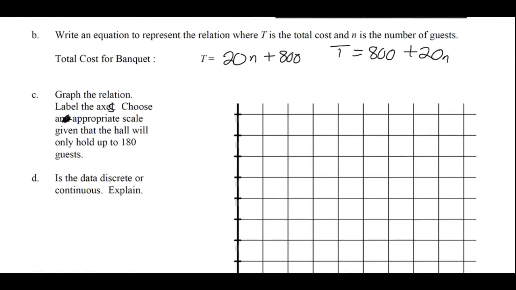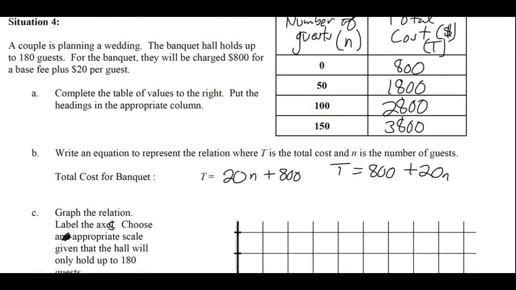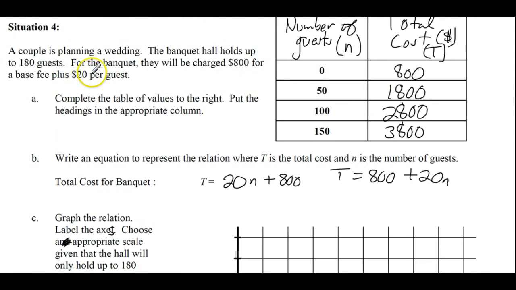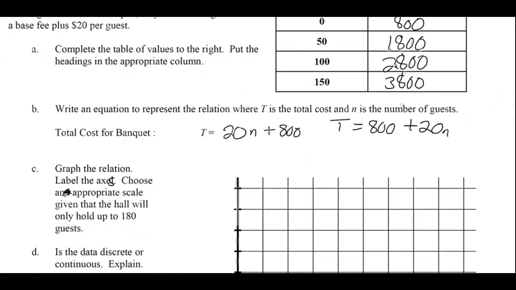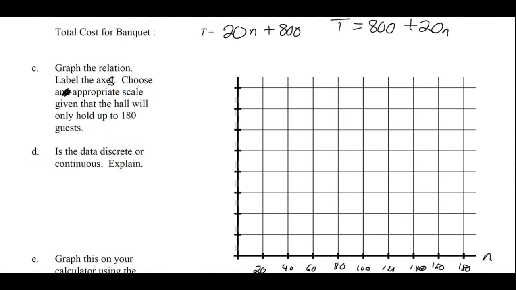Now, what will it cost for 180 guests? 180 times 20 is $3,600, plus 800. It will be $4,400, so we need to go as high as that. We have 1, 2, 3, 4, 5, 6, 7, 8. Well, if we go $500 each, 8 times 500 is 4,000.